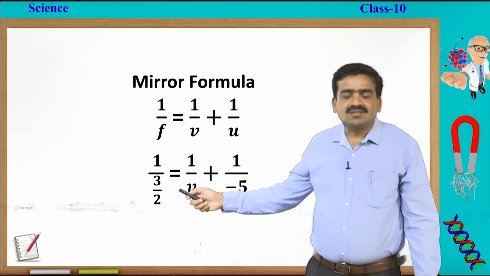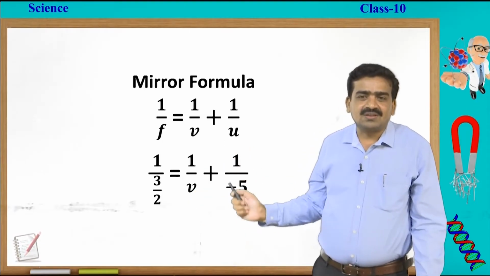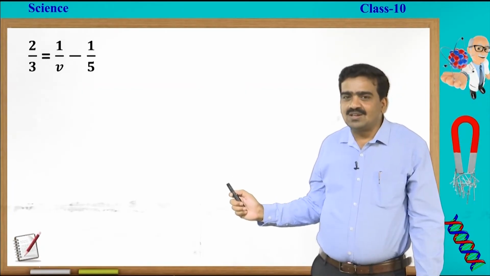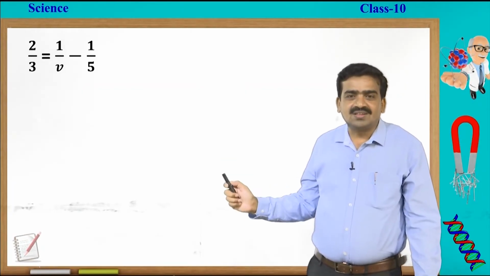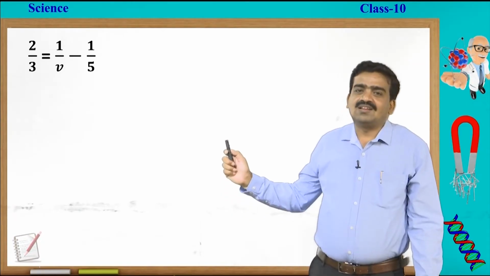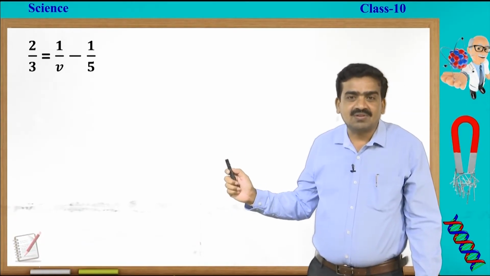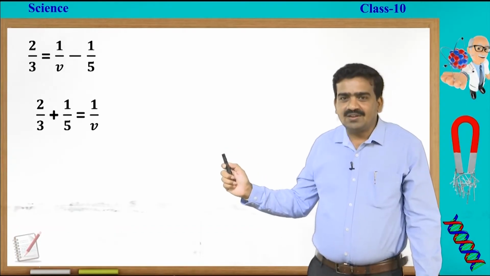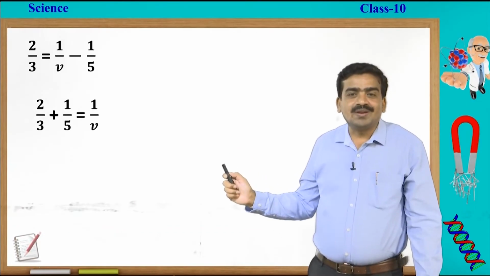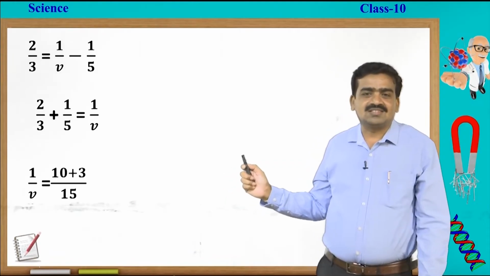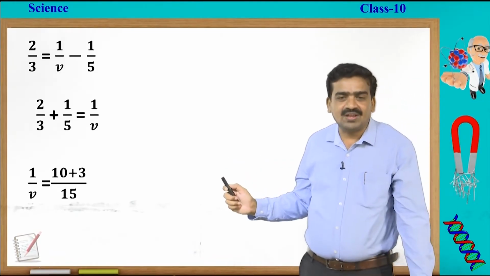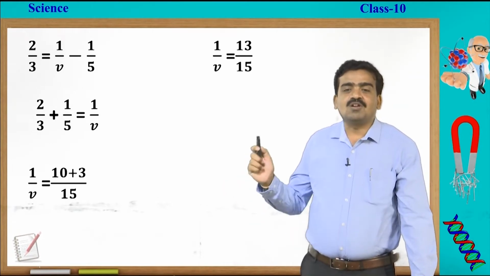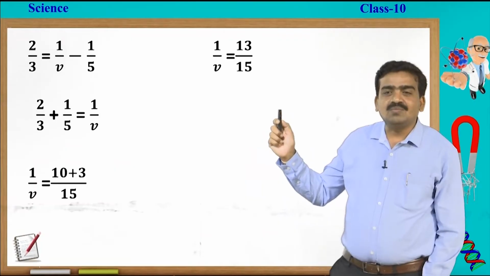f is given, that is 3 by 2, and u is given, that is minus 5. Take the reciprocal for the left side denominator, you will get 2 by 3 on the left hand side, and on the right hand side 1 over v minus 1 over 5. Now, if you transpose 1 over 5 to the left hand side, you will get 2 by 3 plus 1 by 5. Take the LCM for the denominator, LCM will be 15, and simplify the numerator, it becomes 10 plus 3, then 1 over v is equal to 13 by 15.